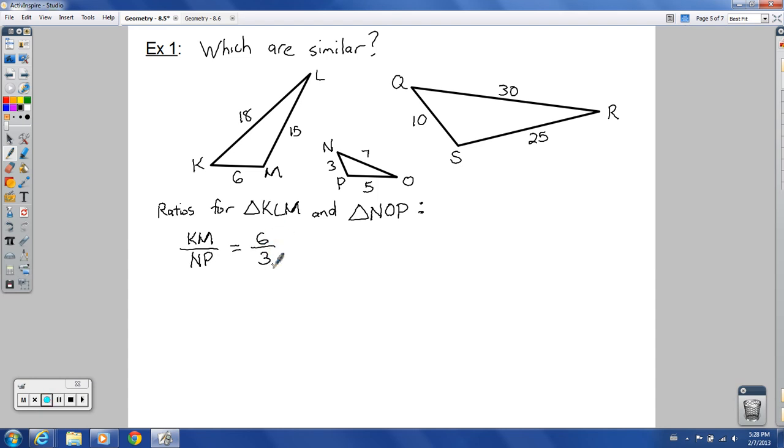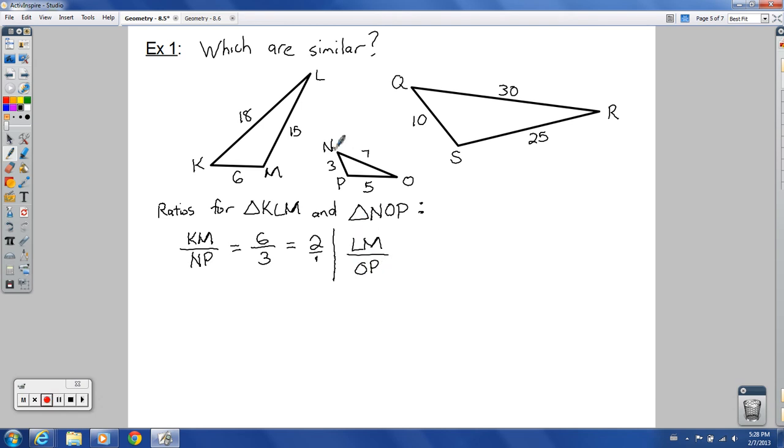So this would be 6 over 3, which would equal 2, or you could say 2 over 1. Technically, being a ratio, I think I should put it over 1, but think of it as 2. If these other ones equal 2, then you're going to be good to go. Alright, so LM, this is going to be the middle length, the middle measurement, 15. The middle one here is OP.